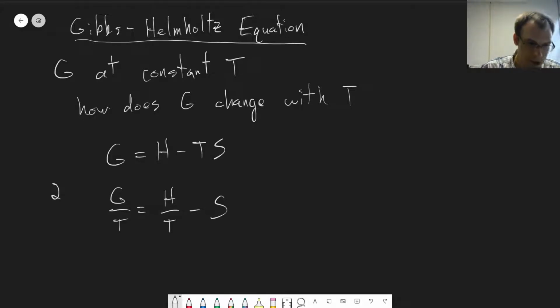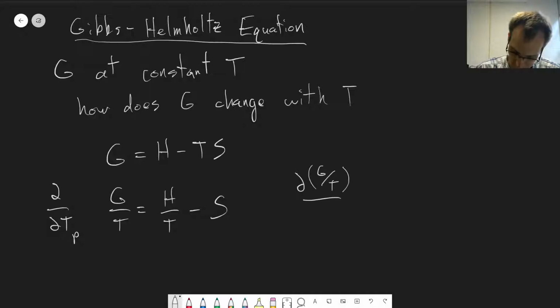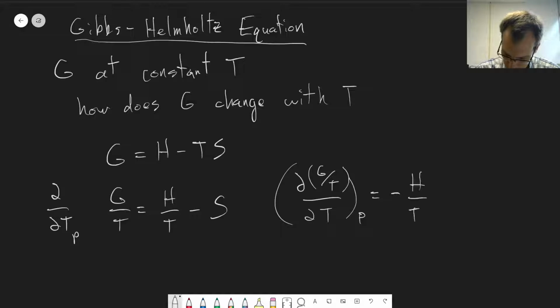Now we're going to take the partial derivative with respect to temperature, keeping pressure constant. So we're going to get something a little bit wonky here on the left-hand side. We'll get d(G/T)/dT at constant P. Then we'll take H. So we're taking a derivative with respect to temperature. There's a temperature there, so we'll get negative H over T squared.